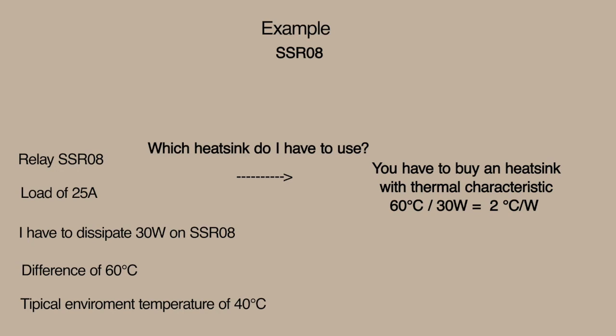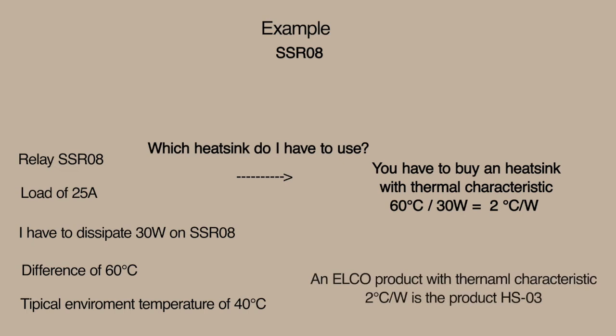So, looking at our production range, we are speaking about the ELCO HS03. With this heatsink, we can ensure to have maximum 100 degrees on the metal plate of the SSR with the 25 amps of load in an environment of 40 degrees of ambient temperature.